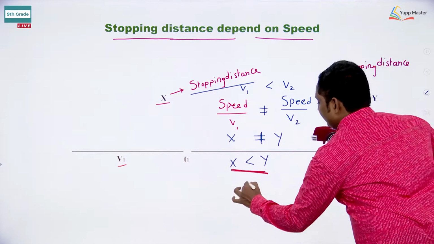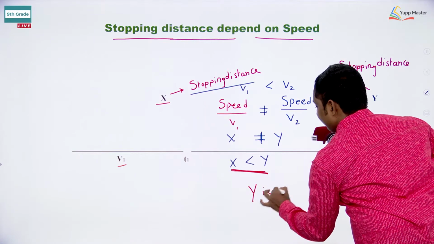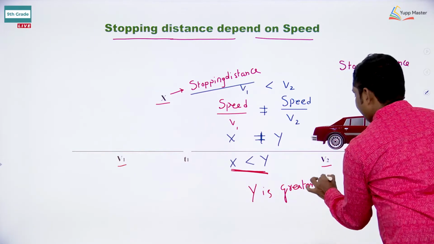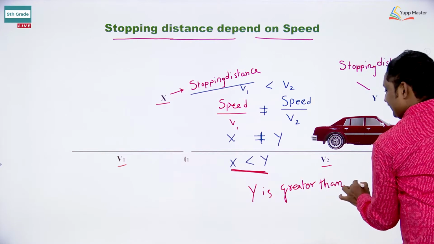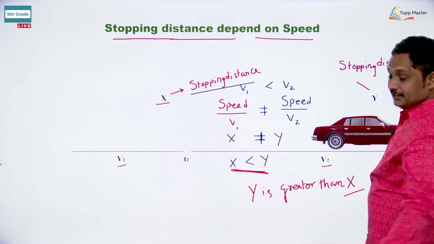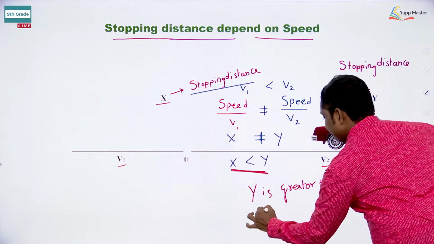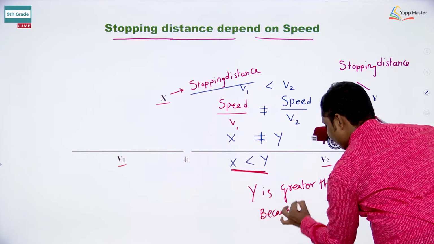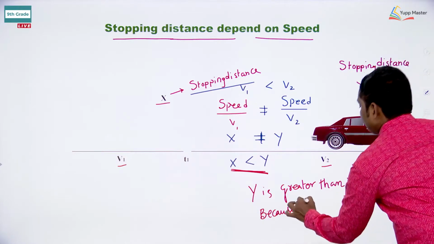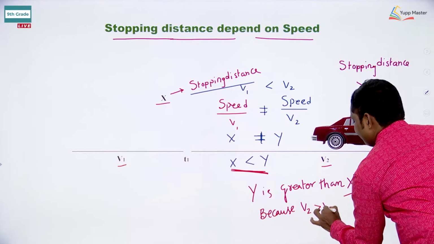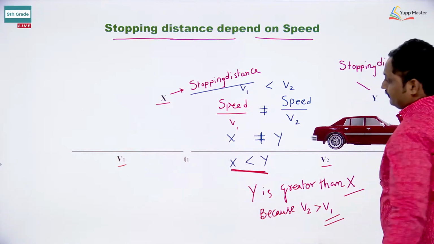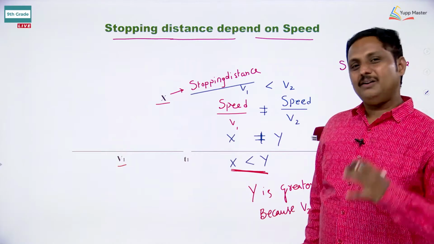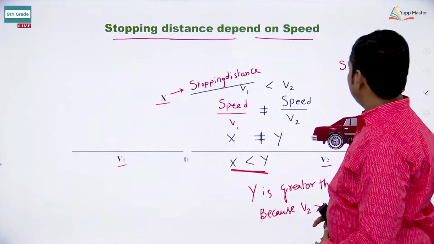Y is greater than X, because V2 is greater than V1, all right.